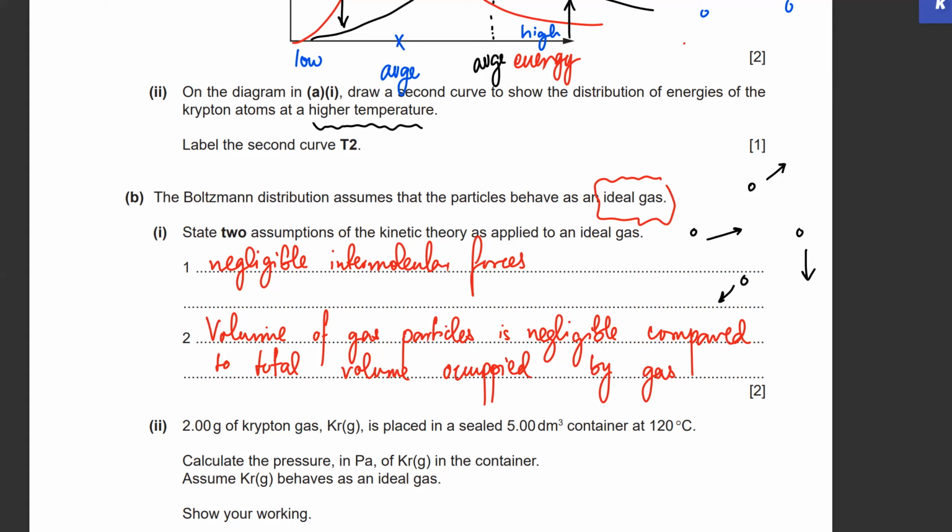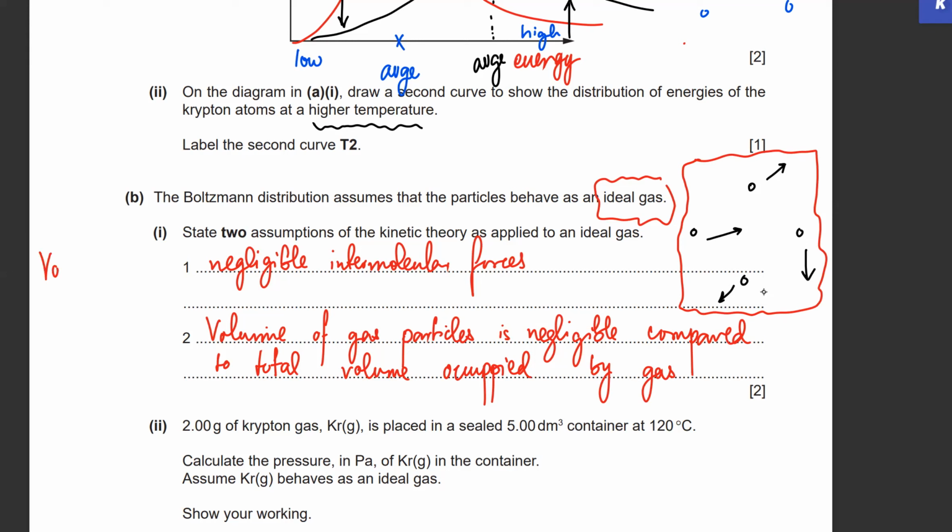It means that if I have a container and these gas particles are moving in that container, then the particles are occupying the entire volume, this big volume. But the volume of the particles themselves is negligible. Like if I pick these four particles and put them together, they would be negligible. So most of the container is just empty space.